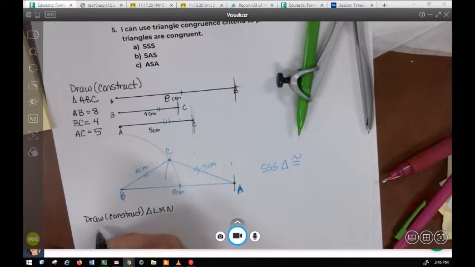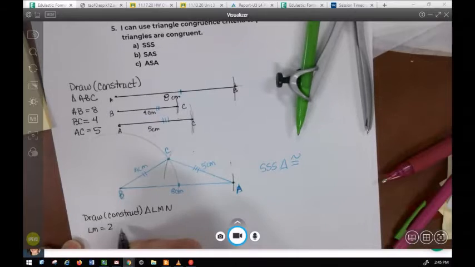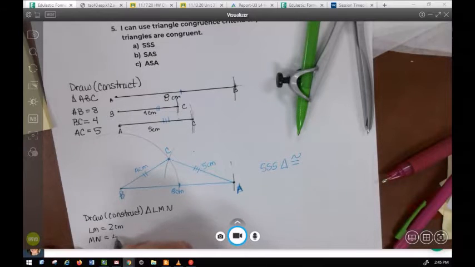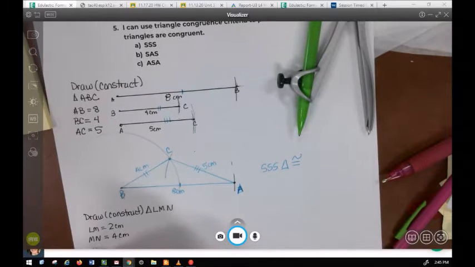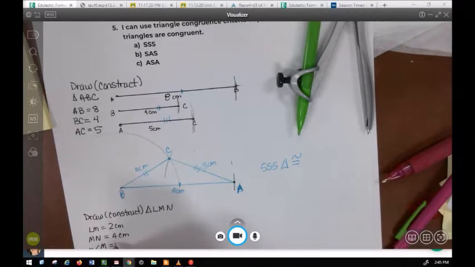And I want LM to equal 2, I'm going to use centimeters, and MN to equal 4 centimeters, and the measure of angle M to be 30 degrees.